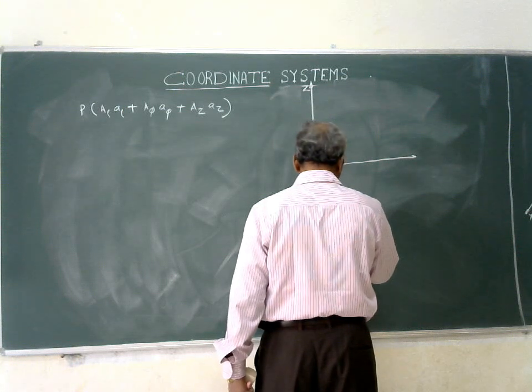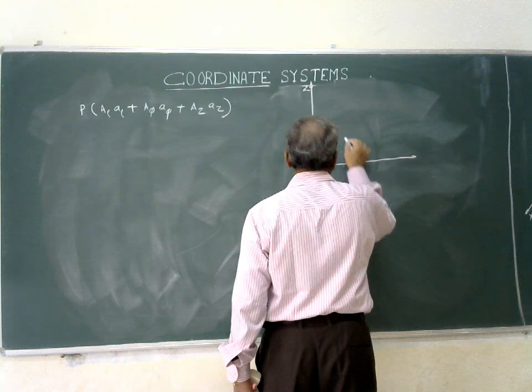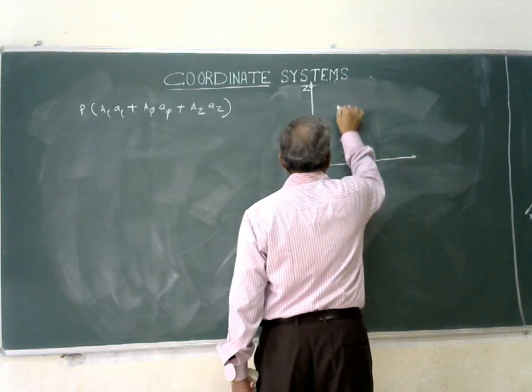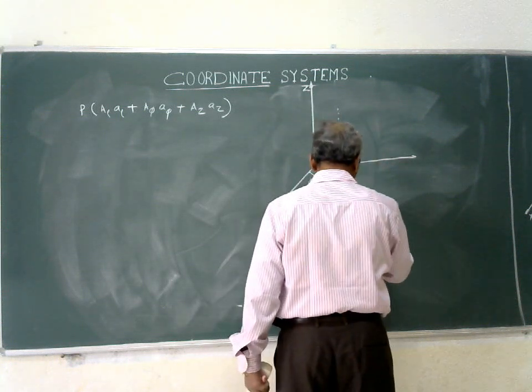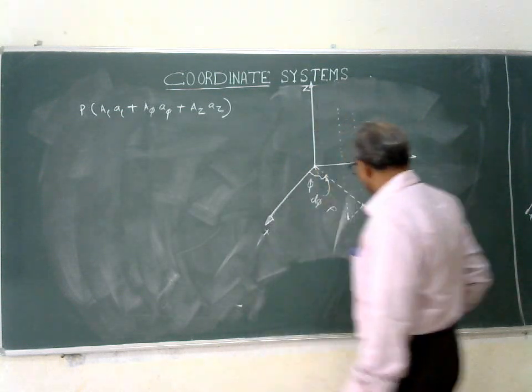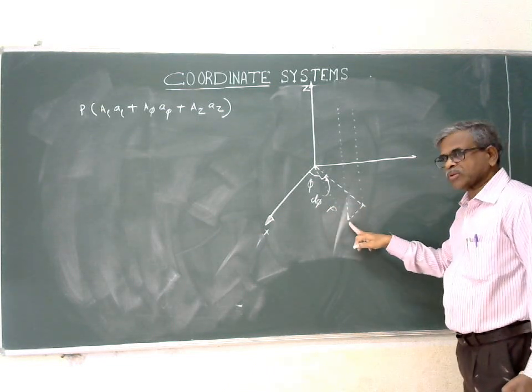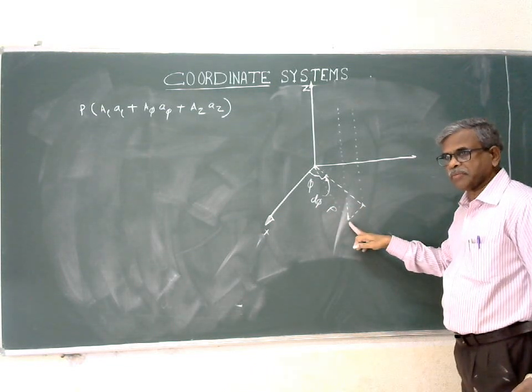We are projecting to the y-z plane. This is the radius rho. This radius rho is incremented by d rho.